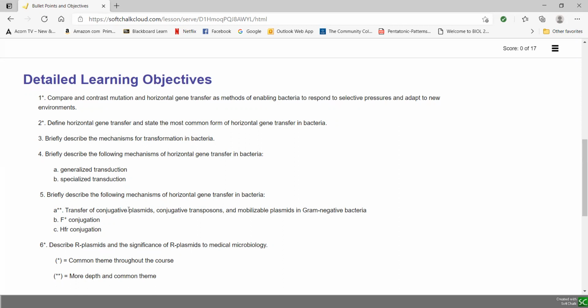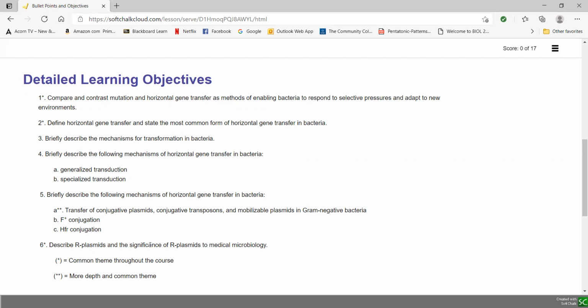So conjugation in 5A and objective 6 become important because this is the primary way that drug resistance is transferred from one bacterium to another. This is also a way that virulence factors, the ability to colonize or the ability to harm the host, can be transferred from one bacterium to another.